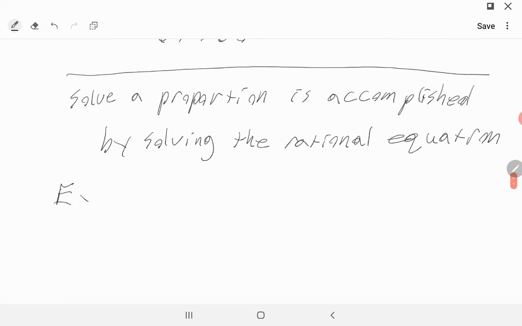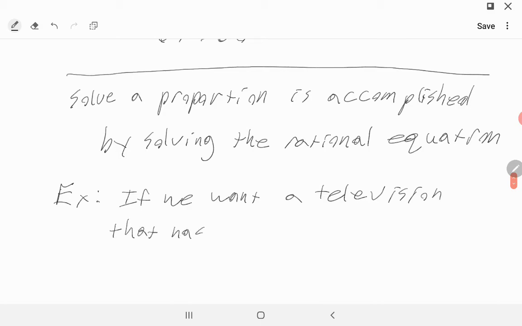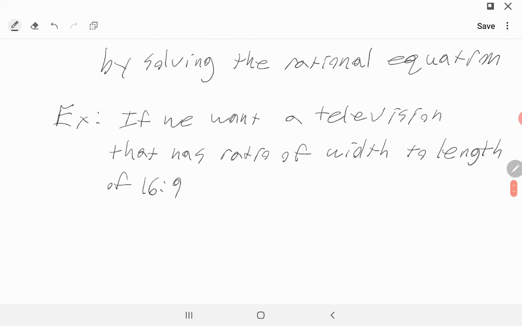So, an example: if we want a television that has a ratio of width to length of 16:9, so standard widescreen format, and the maximum height is, sorry, I should say width to height.